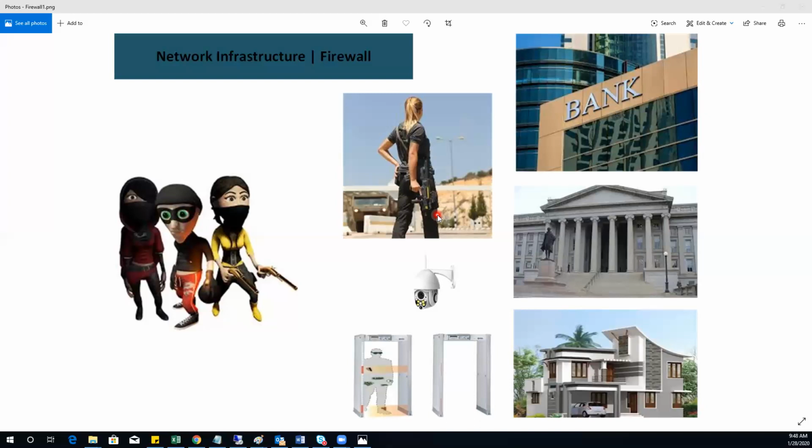And in many places, we also put security cameras for the purpose of monitoring and security. And in the third phase, we implement a number of walk-through gates by which we can scan all the people who are going inside the bank, and a number of other people who are entering into the government offices, or they are leaving the government offices.